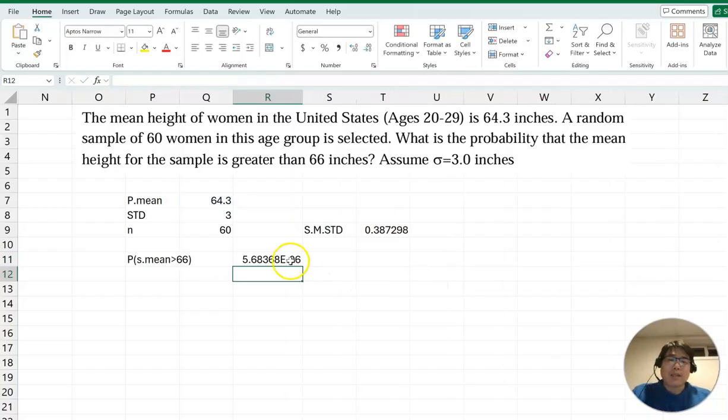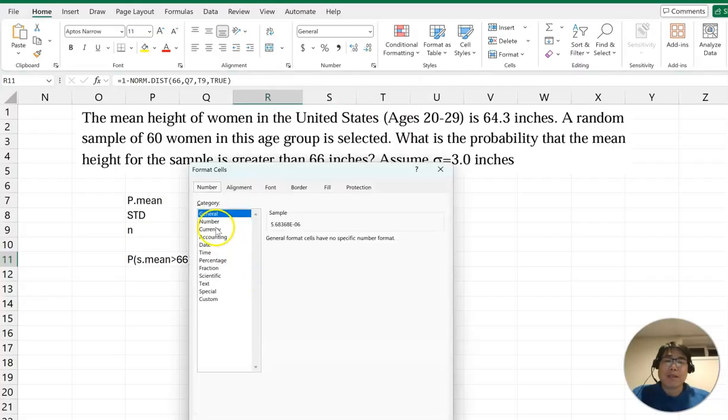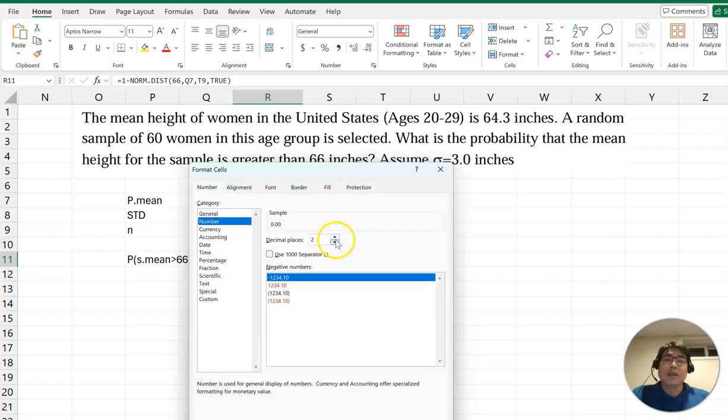This looks almost 0, but to understand it better, I'm going to format the cell as a number and make the decimal digits a little bigger.